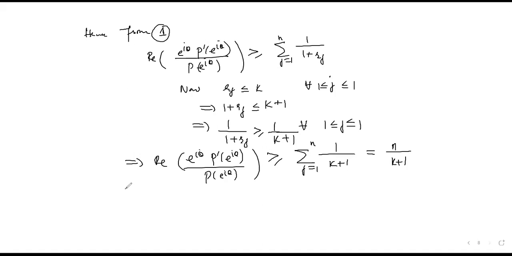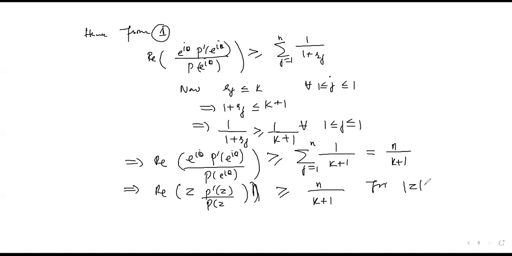So which implies that real part of z p dash z divided by p of z is greater than or equal to n divided by k plus 1 for mod z equal to 1, except at points where p of z vanishes, right?